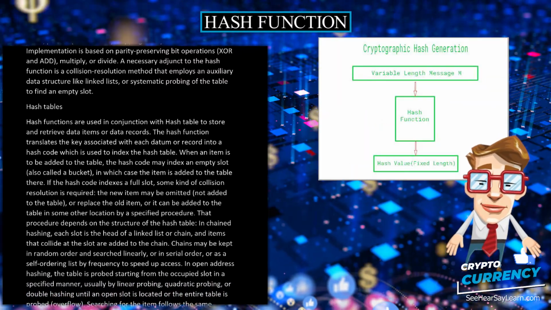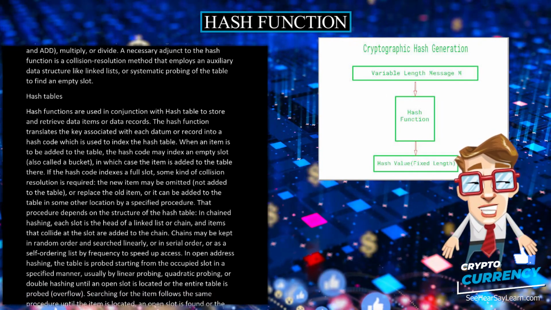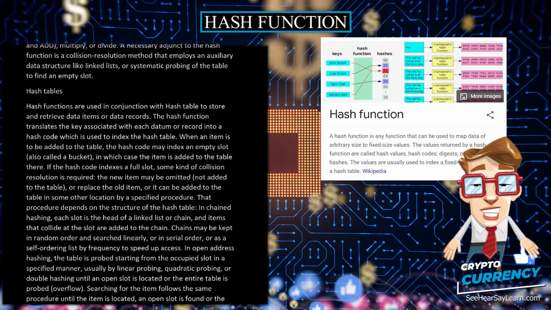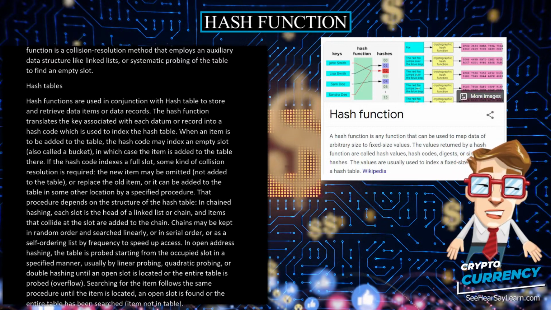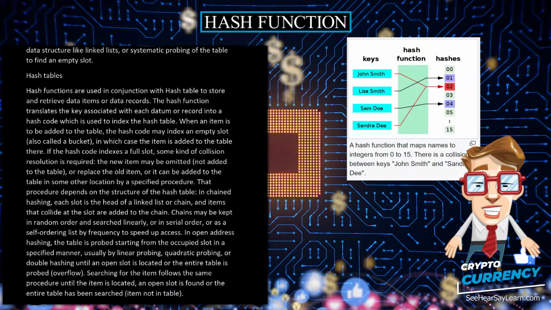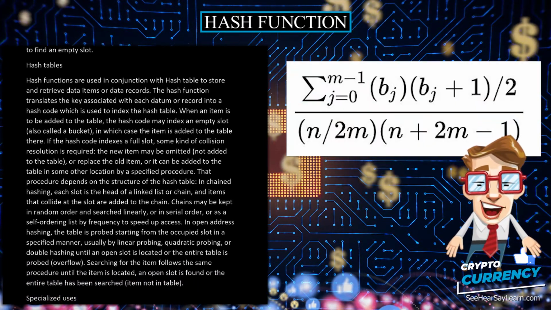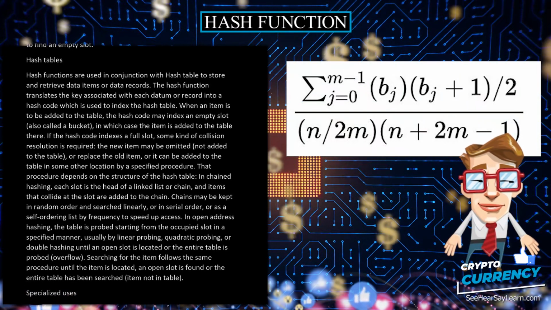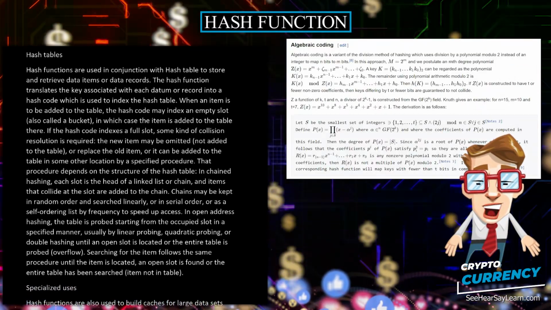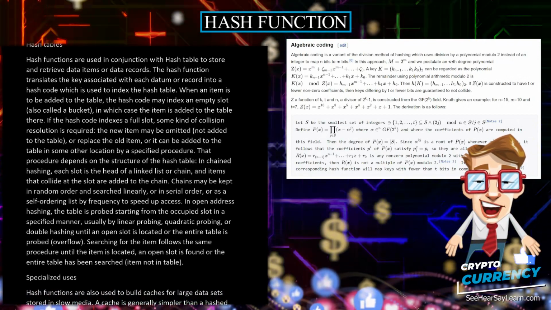Hash tables. Hash functions are used in conjunction with hash tables to store and retrieve data items or data records. The hash function translates the key associated with each datum or record into a hash code which is used to index the hash table. When an item is to be added to the table, the hash code may index an empty slot, also called a bucket, in which case the item is added to the table there.